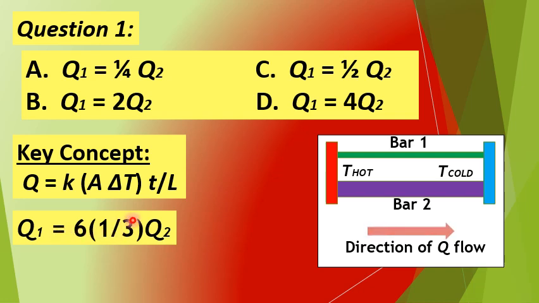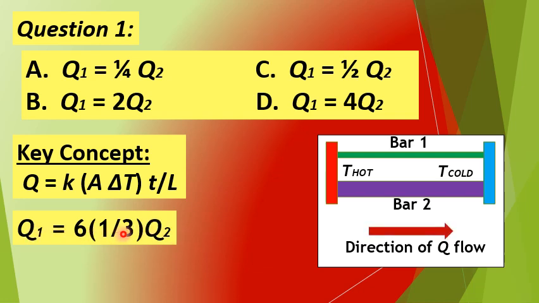So combining the two relationships, and in as much as the other three variables, the length, the small t representing the time, and the change in temperature delta big T, are all held constant, this is just what we came up with in comparing Q1 to Q2.